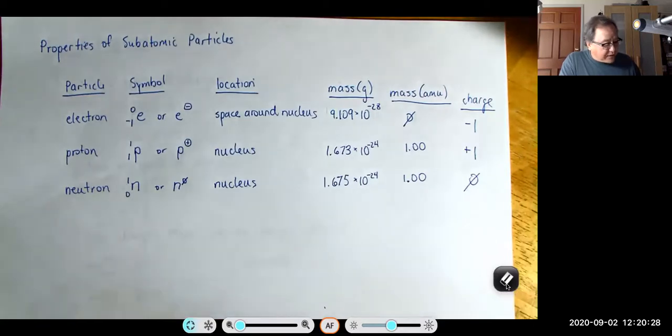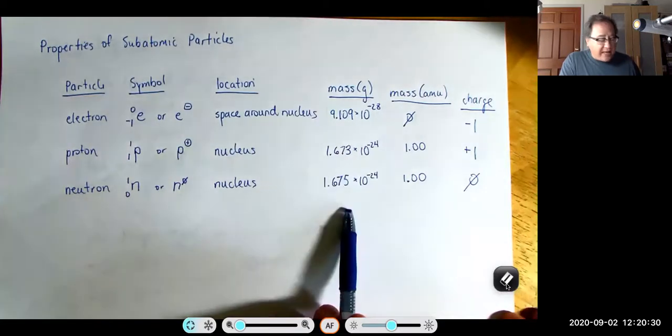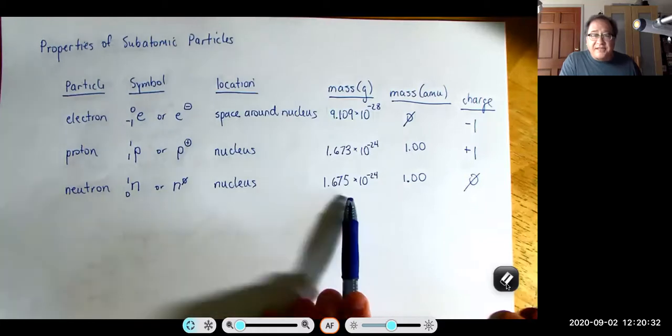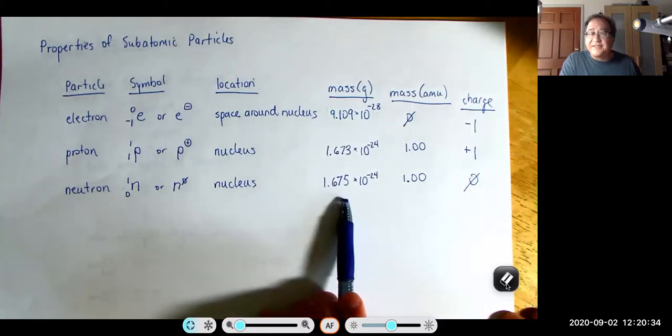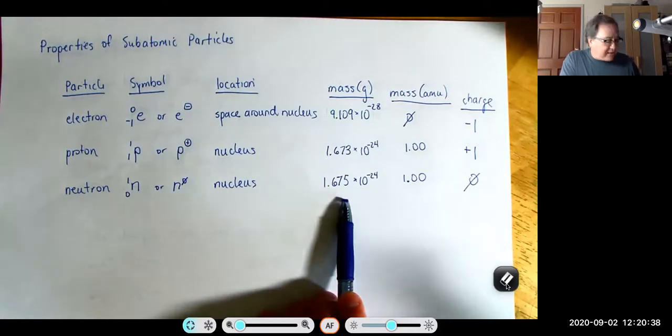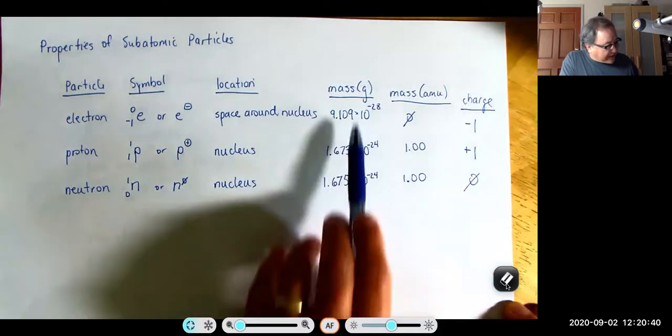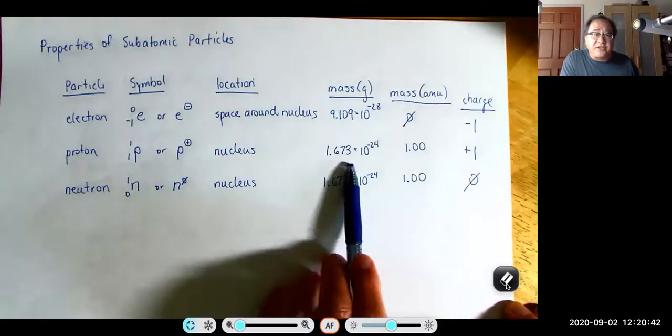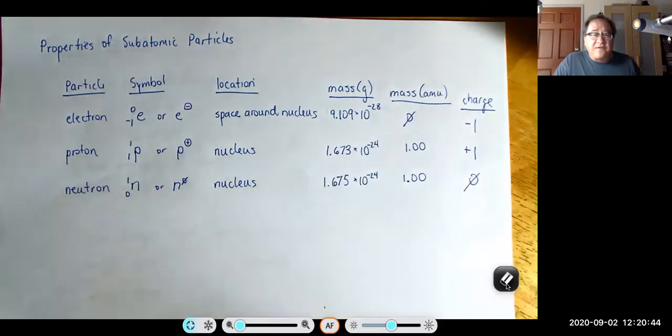Now, here's some really interesting information. And I would not memorize these numbers here that I'm pointing at. That is, don't memorize the mass in grams. The interesting thing about these masses is that if you look at the mass of a proton and the mass of a neutron, they differ by 2 out of 1,600, 1,700.